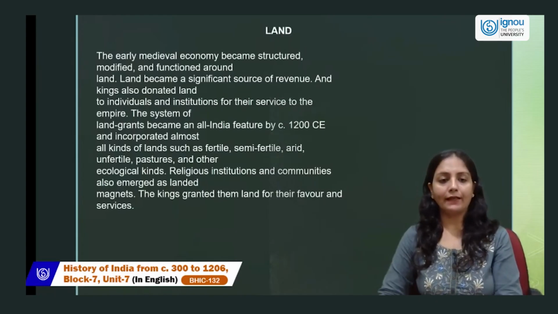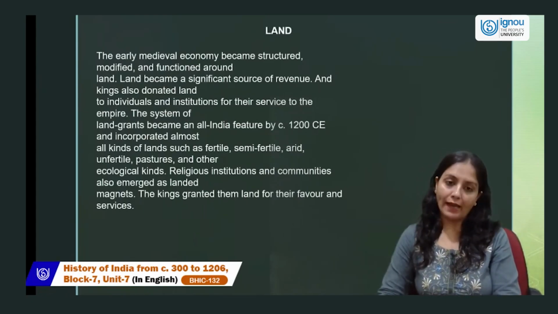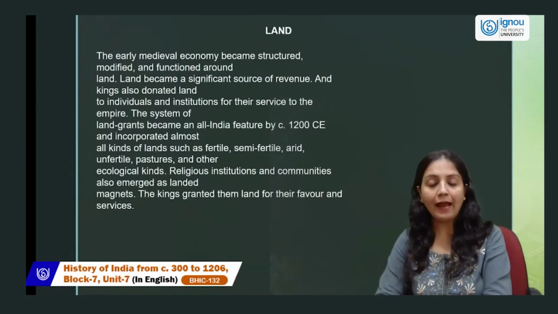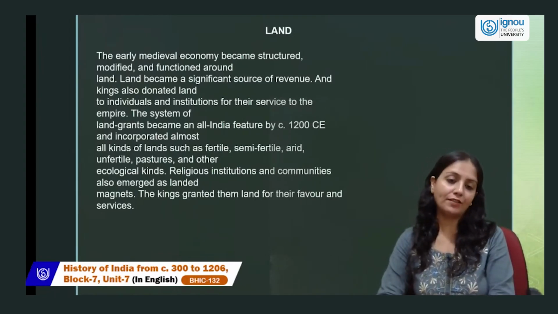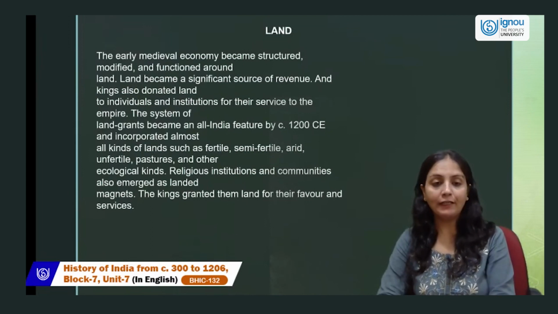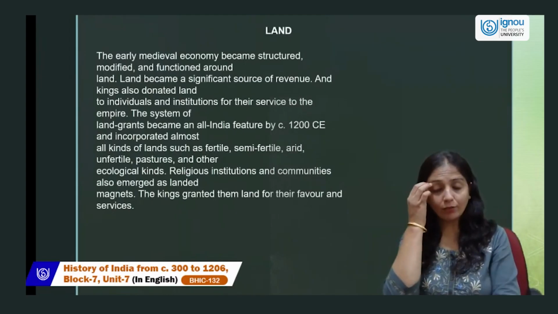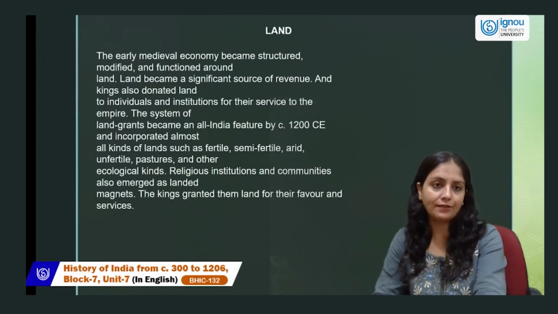Religious institutions and communities also emerged as landed magnates. The kings granted them land for their favor and services, and the land granted to religious places was tax-free at that time. Rulers were not taking tax from religious places such as temples or mosques.